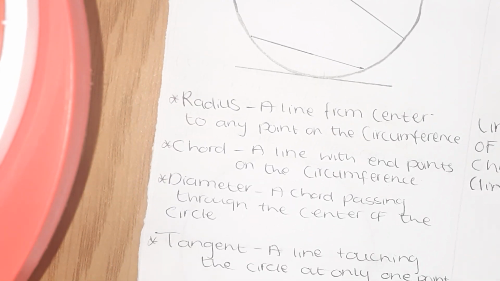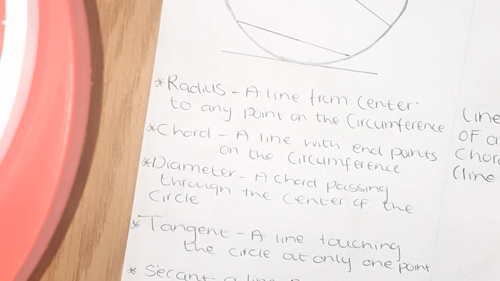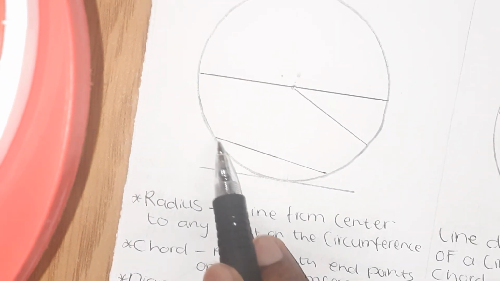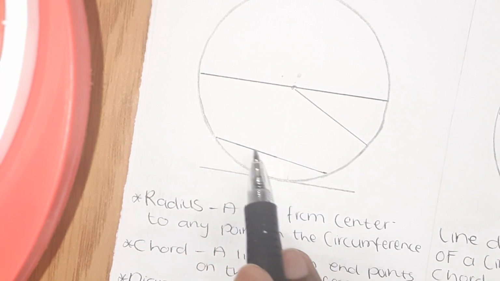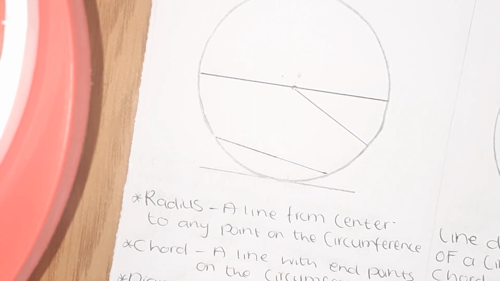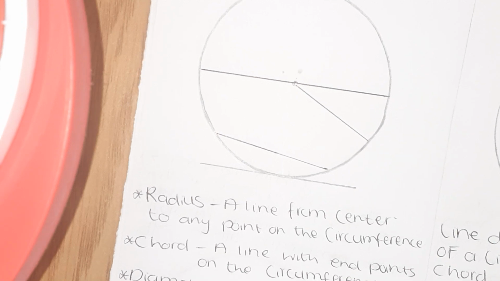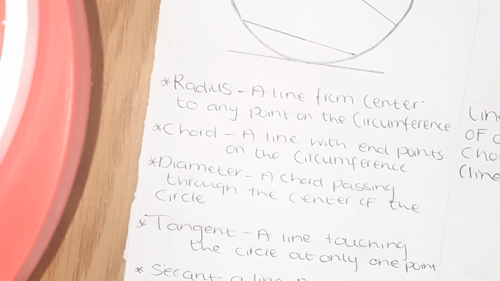Now let's see a chord. A chord is a line with end points on the circumference. So that is a chord. This line that is just drawn from one end of the circumference to the other is a chord. Now we have to know what is a diameter.